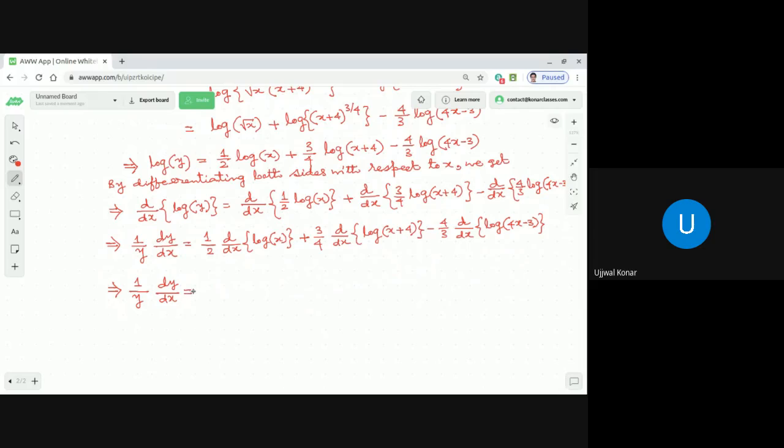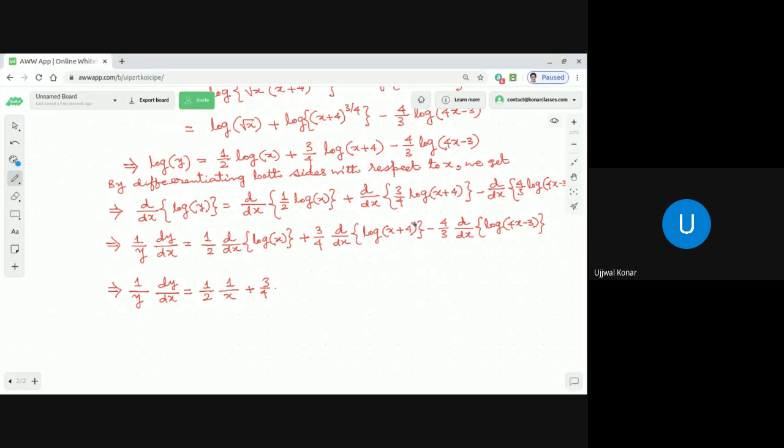So 1 by y dy/dx. Here I want to show you the efficient way of using the chain rule. d/dx of log x is what? 1 by x, dear students. Plus 3 by 4 into d/dx of log of x plus 4. Again, I'll go back to what I discussed yesterday.